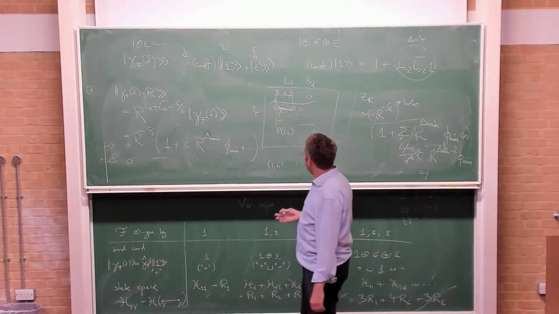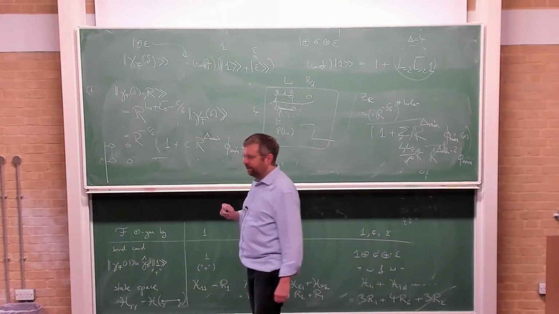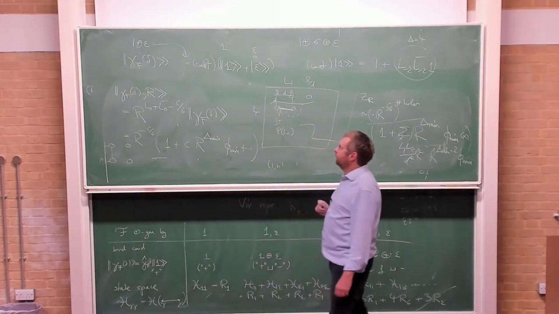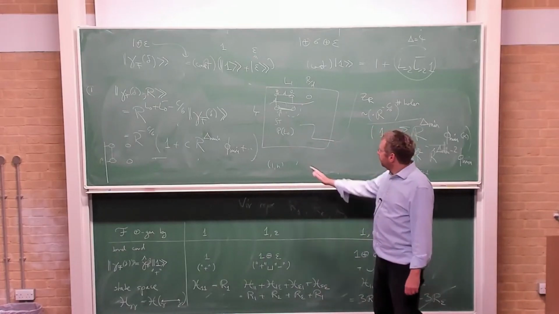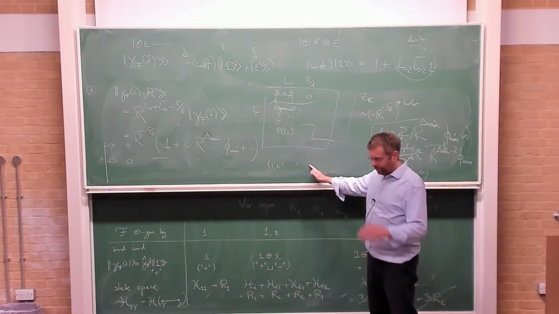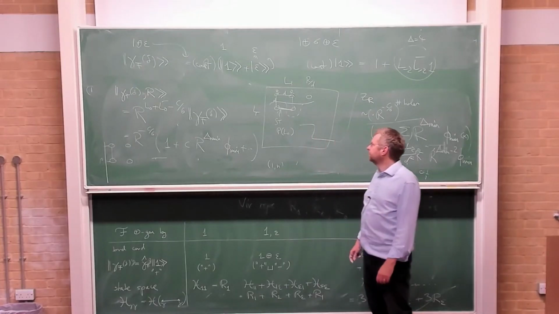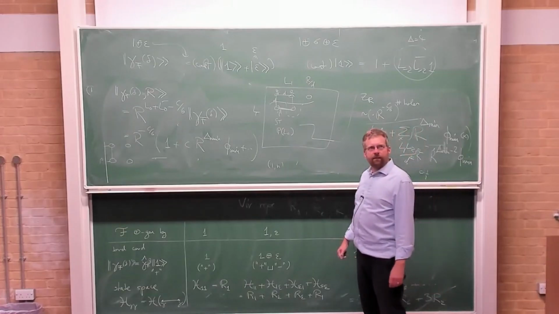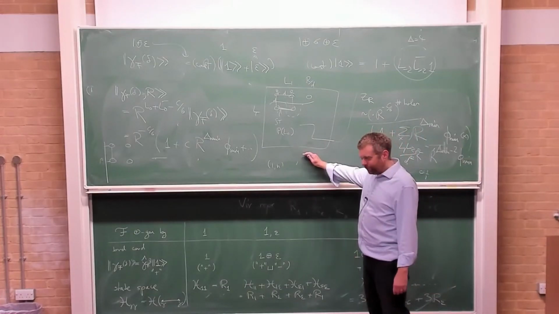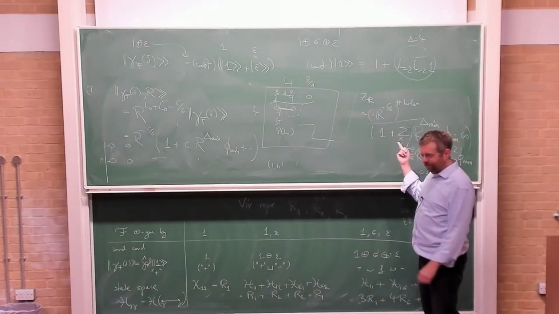So Fibonacci would be, say what? So you could run the Levin-Wen model, but you have to make F big enough so that it satisfies the stability condition, right?